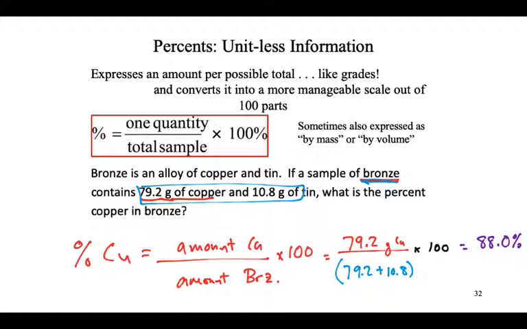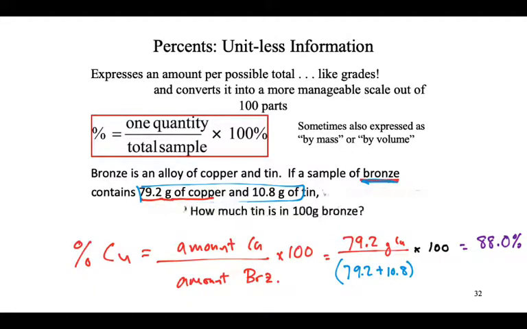Could we make it more difficult? Why not? How much tin is in 100 grams of bronze? What did I just solve for? The percent of copper. What am I now being asked for? Tin. Different things, right? How many things went into the bronze? 2.